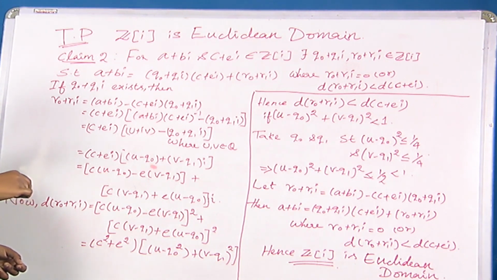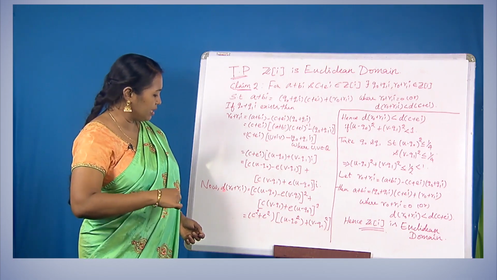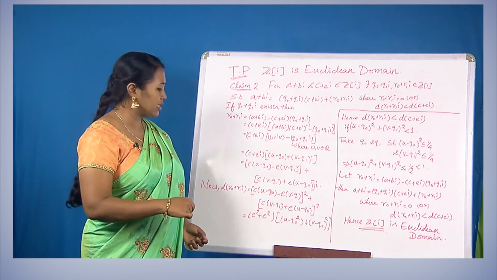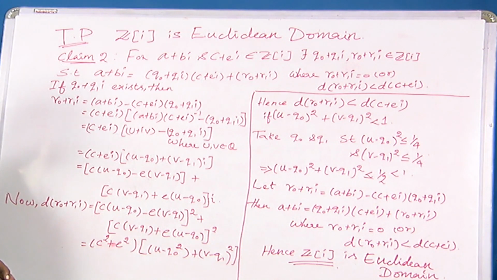So the real terms are squared first and then all the imaginary terms, they are squared and written. So we have applied the d function here, and once again I am going to expand these terms. So it becomes (c squared plus e squared) times [(u minus q naught) the whole squared plus (v minus q1) the whole squared] and so on.